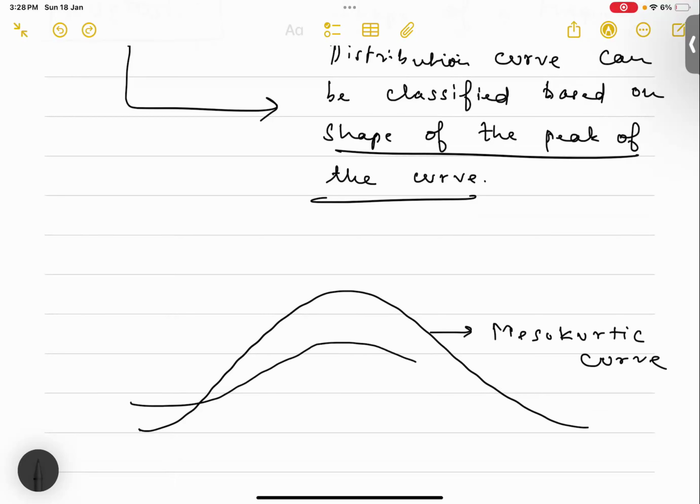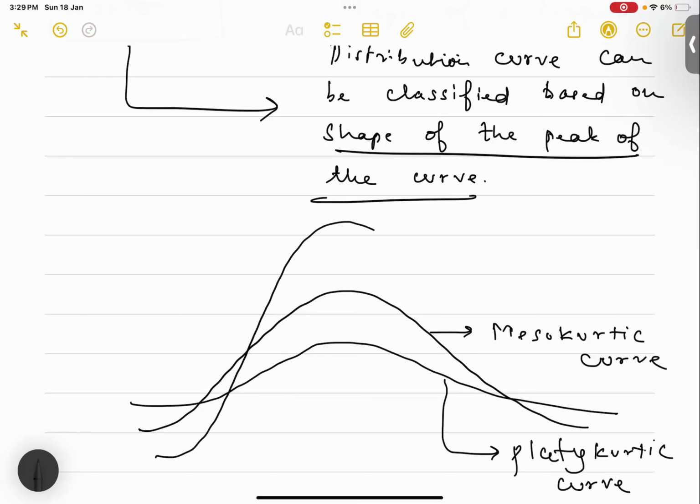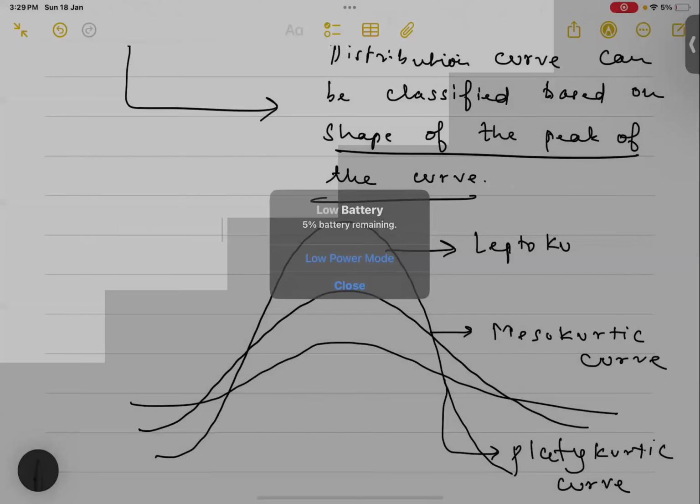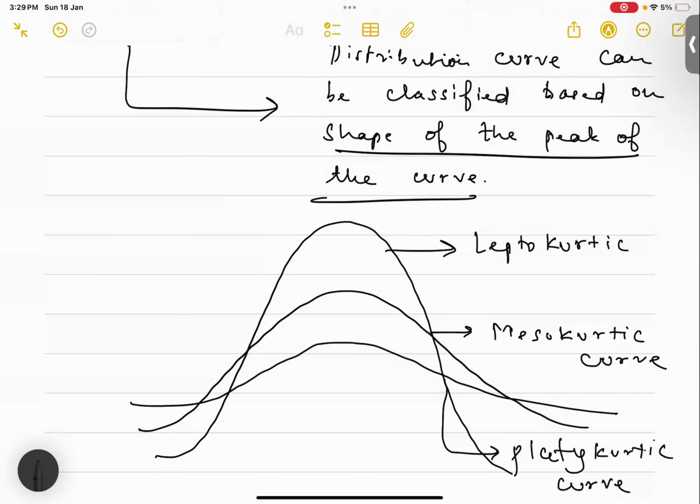If the peak falls, this is called platycurtic. And if the peak increases, this is called leptocurtic. Please copy this nicely.